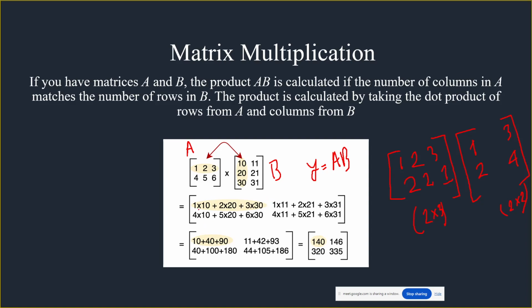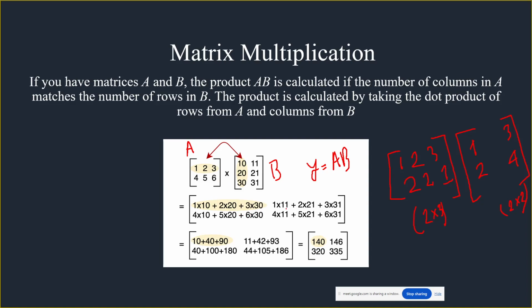Then for the second row and first column element, we will multiply matrix A's second row with B's first column. We will multiply 4 by 10 plus 5 by 20, and finally 6 by 30.